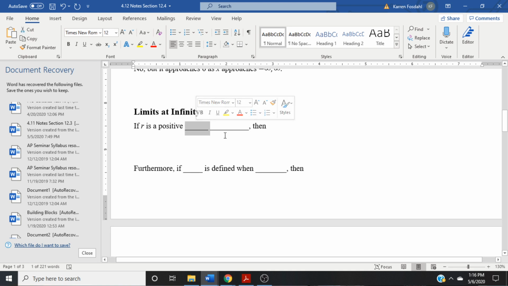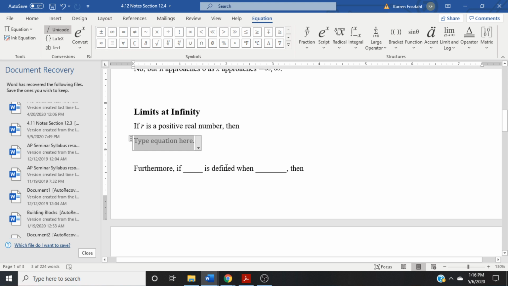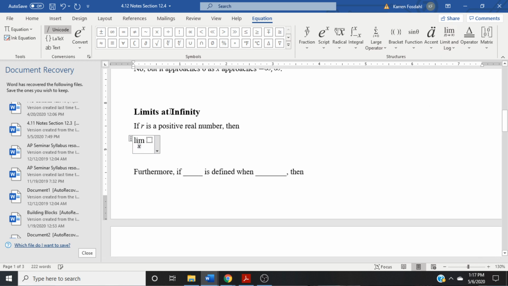Okay, if r is a positive real number, then the limit, not the log, the limit as x approaches infinity.